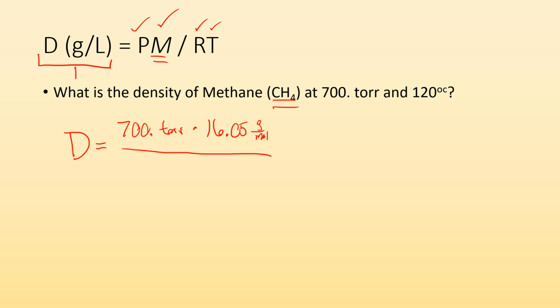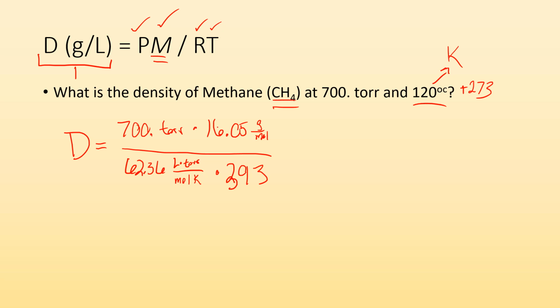So we want to use the gas constant that is in terms of torr, which is 62.36, and the units on that are liters times torr over mole Kelvin. And now the temperature, 120 degrees Celsius, this has to be converted into Kelvin. So we add 273 to it, and we end up with 393 Kelvin.